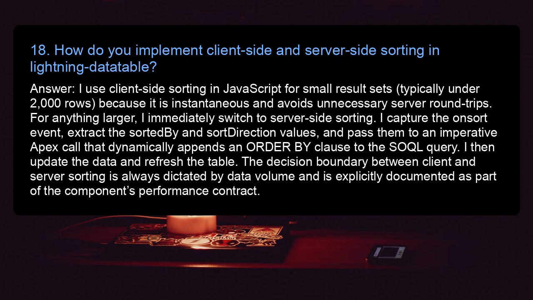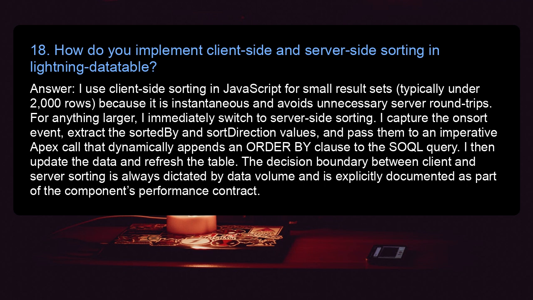18. How do you implement client-side and server-side sorting in Lightning Data Table? Answer: I use client-side sorting in JavaScript for small result sets, typically under 2,000 rows, because it is instantaneous and avoids unnecessary server round trips. For anything larger, I immediately switch to server-side sorting.